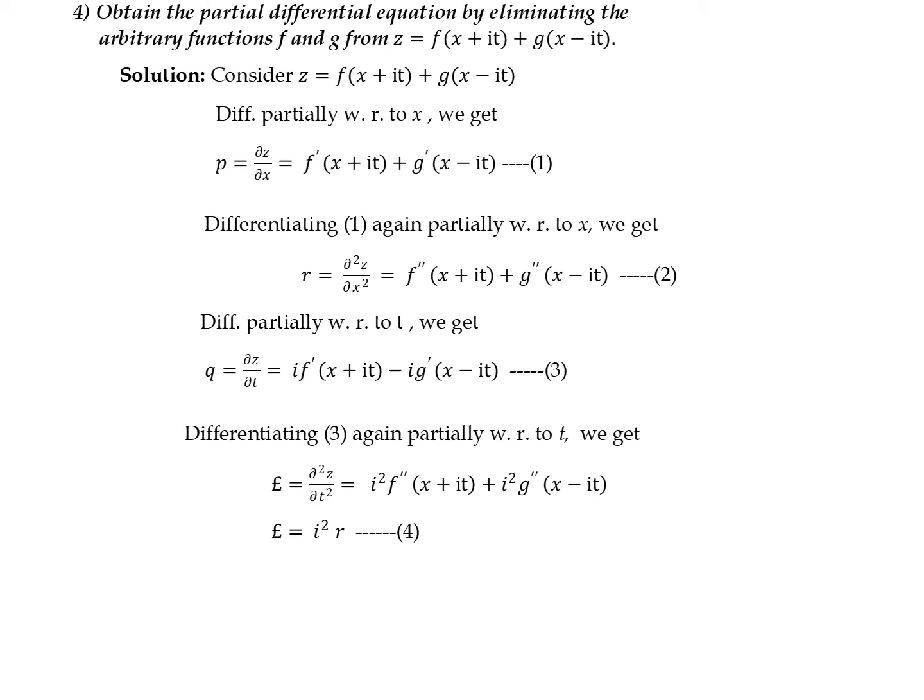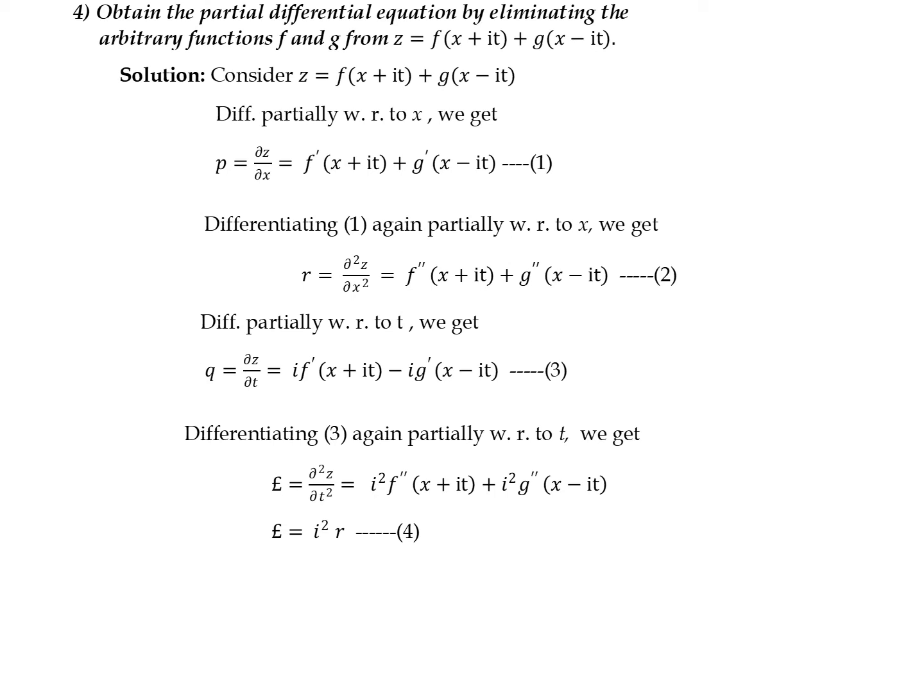Similarly, plus g dash of x minus it when we differentiate, we get g double dash into minus i. Now already minus i was there, so one more minus i, totally we will have i squared. Now look at this equation. Is i squared not common? So we can write this as i squared into f double dash plus g double dash. But when you observe from equation 2, that f double dash plus g double dash is going to be just r.